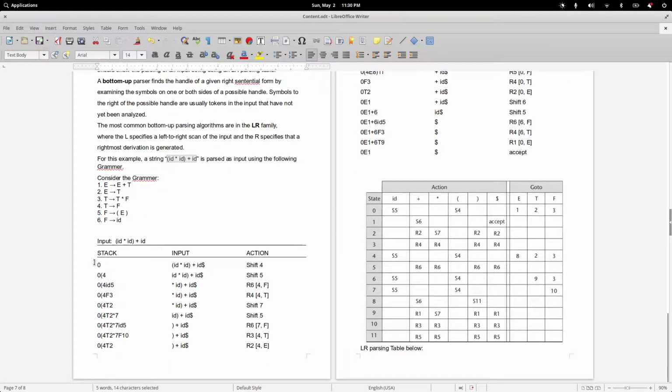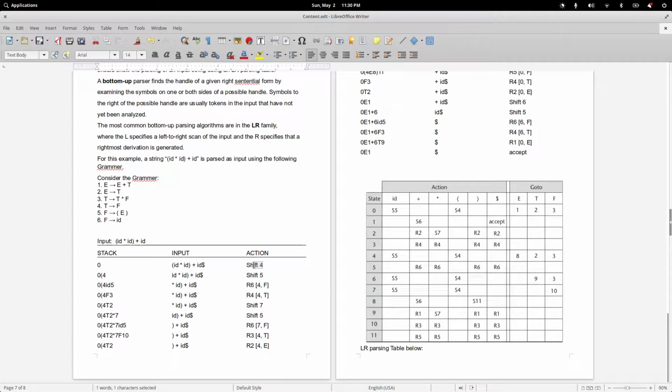As we can see here, we start at our start state 0, and we see that at state 0 with the opening parenthesis symbol, when we look it up, it's shift 4.